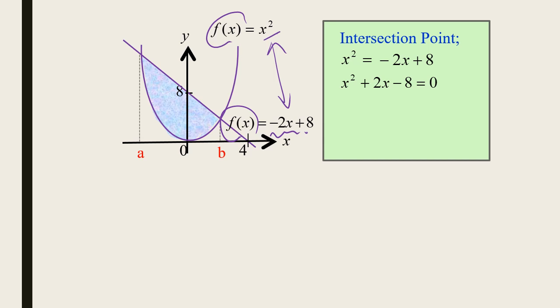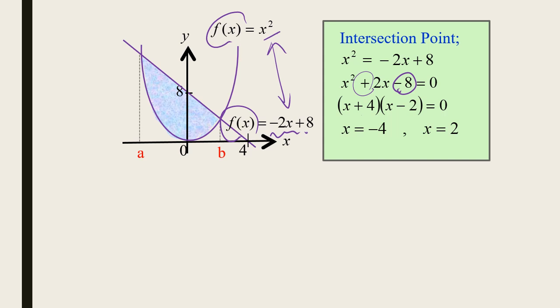Here we can apply factorization. For negative 8, the factors are 4 and 2, and because we have negative 8, it should be negative 2 and plus 4. So we have (x plus 4)(x minus 2) equals 0. So x equals negative 4 and x equals 2.